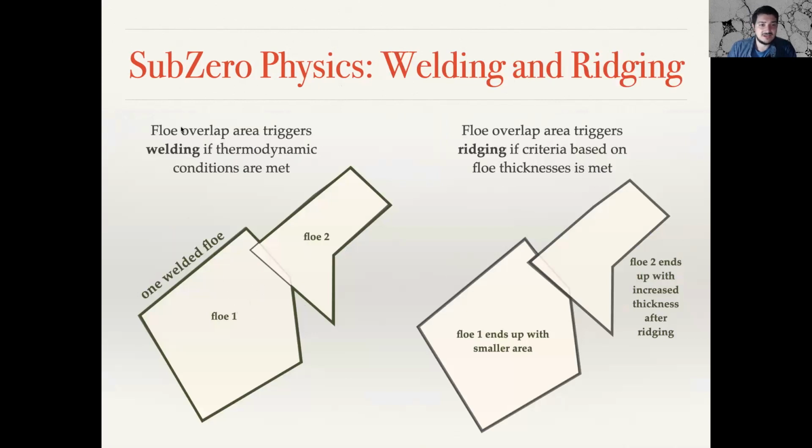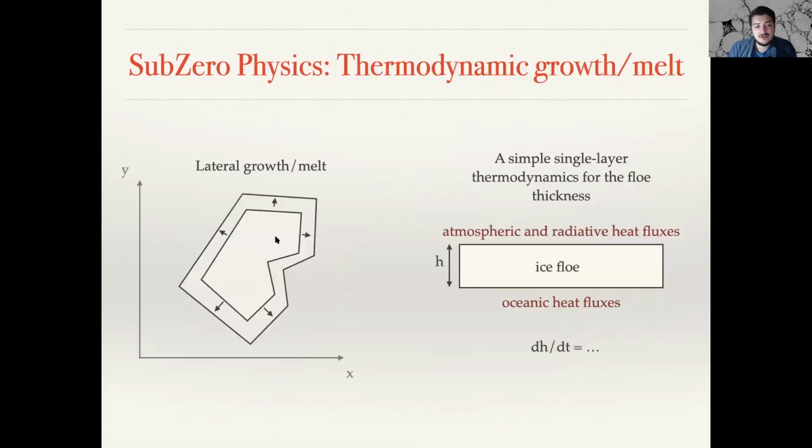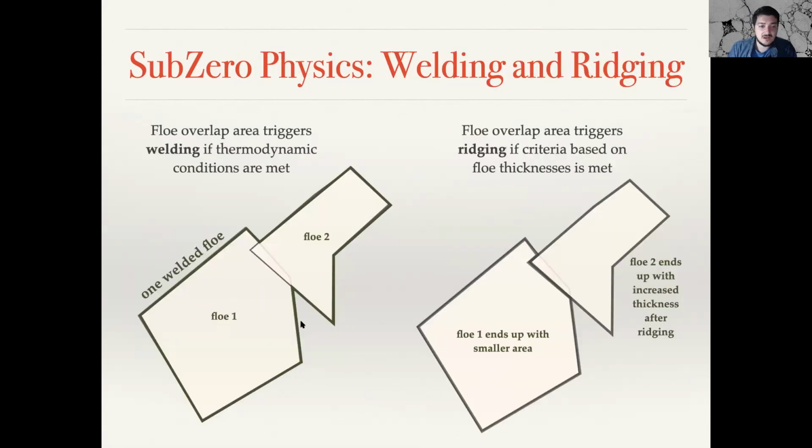So welding occurs when you have two flows that come together, and we allow for some numerical overlap between the two regions. And if the overlap area over here is fairly large, then it can trigger welding, provided that thermodynamic conditions are met.